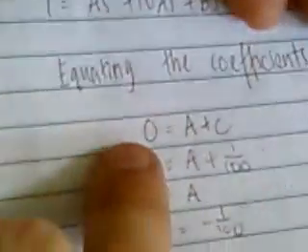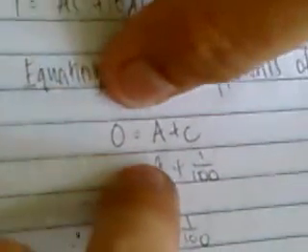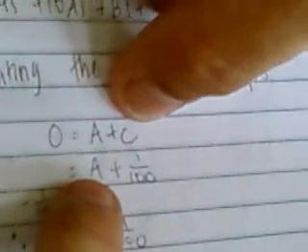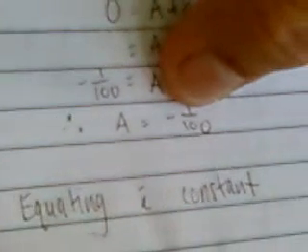Then we equate the coefficient of s squared, As squared and Cs squared, because over here it does not show s squared, which is 0. Then we get the equation 0 equals A plus C. Then we substitute C, which is 1 over 100, which we got earlier, into this. Therefore A is equal to minus 1 over 100.